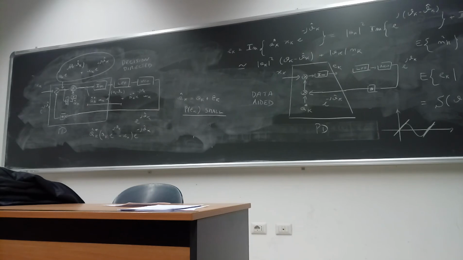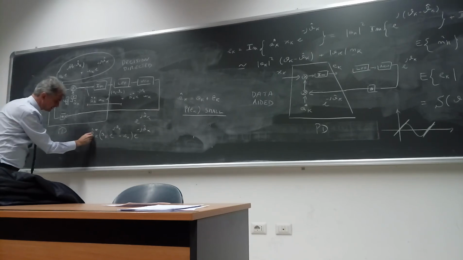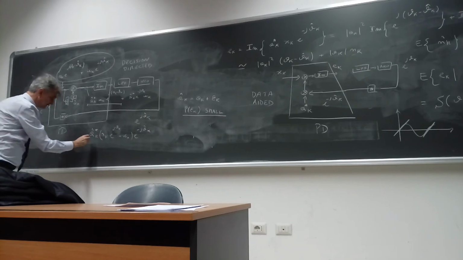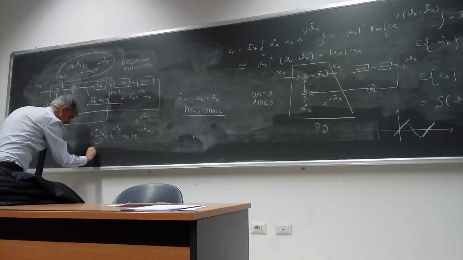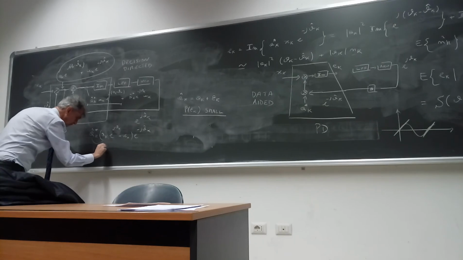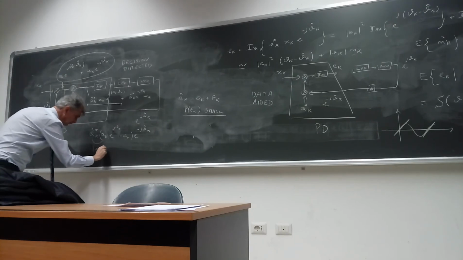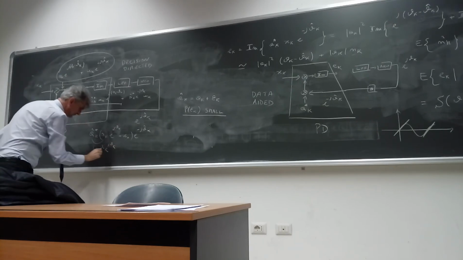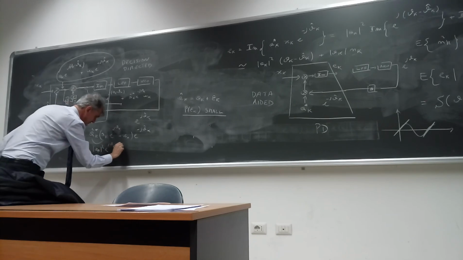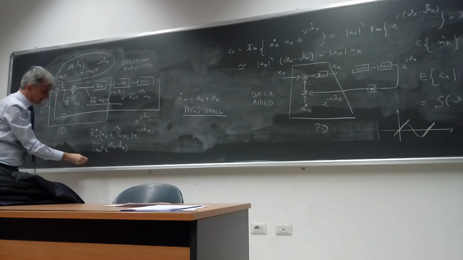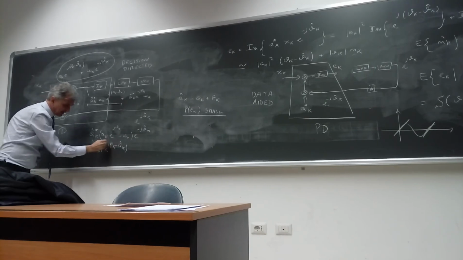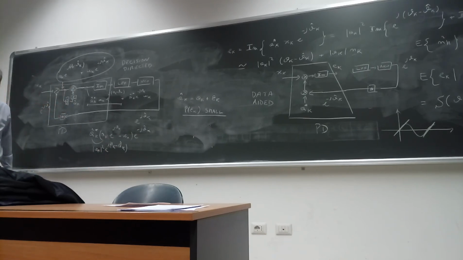Okay? So if hat A is equal to A, this product is the squared modulus, and therefore this is the measure of the phase error. When I take the imaginary part, I get the sine of theta minus hat theta multiplied by a real number.